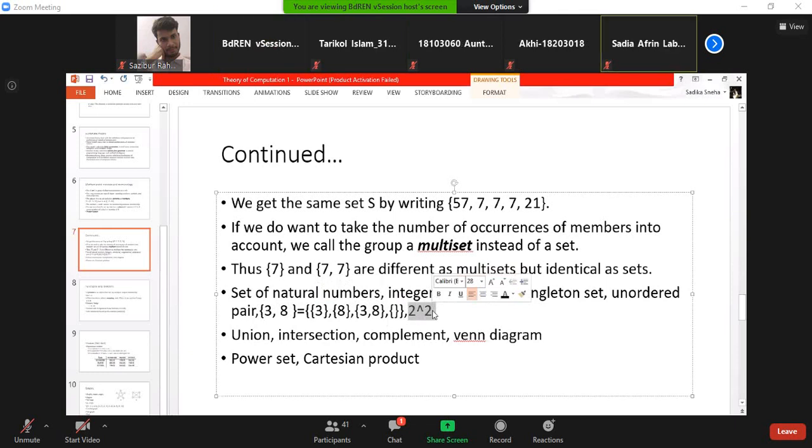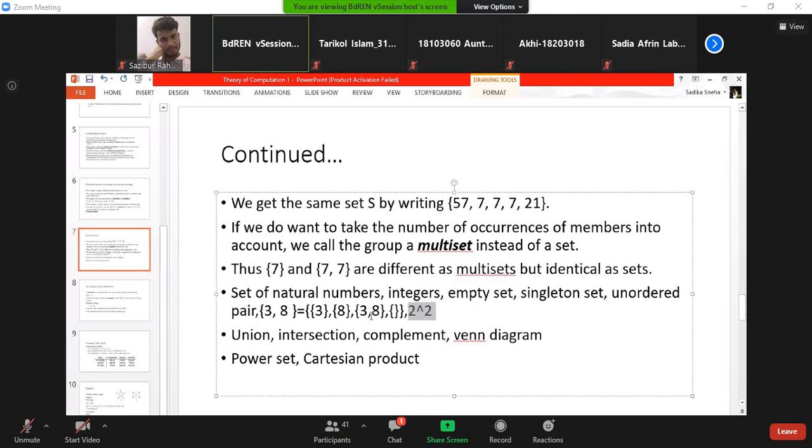So the definition of power set says that power set is the set of all subsets of any set. Power set is the set of all subsets of another set. So what is the number of elements in a power set?